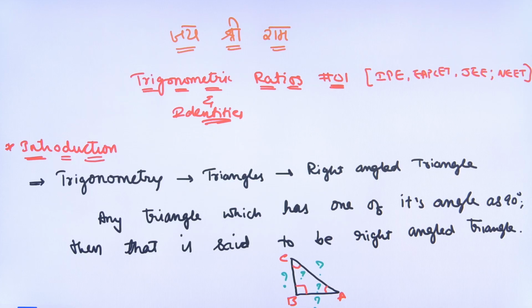It means overall we'll work on these five things in this chapter, that is two angles and three sides. But always we don't bother about solving them. Many other types of questions will be given to us in this.